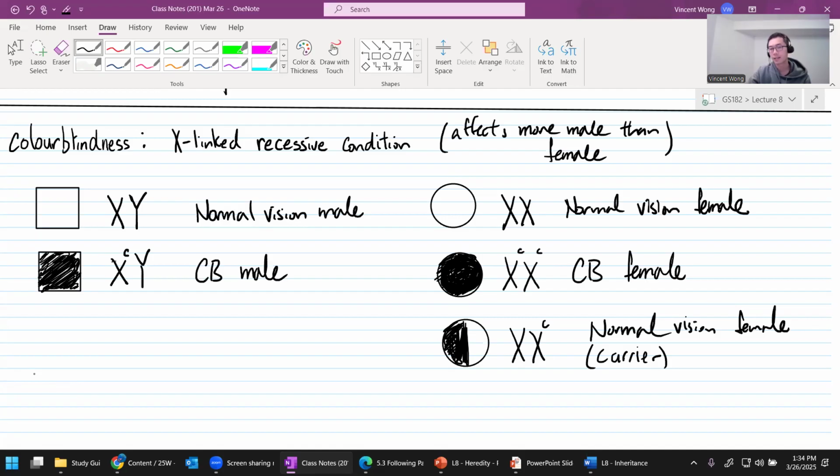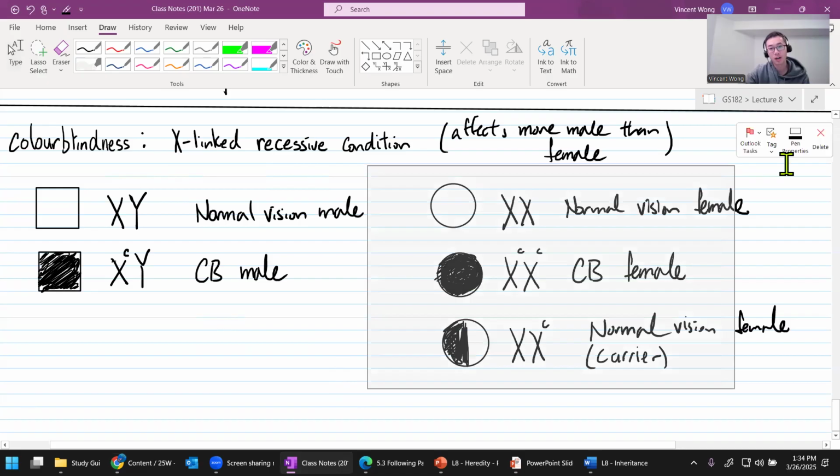Who's going to get affected more? Well, if it's X-linked dominant, female is worse off.